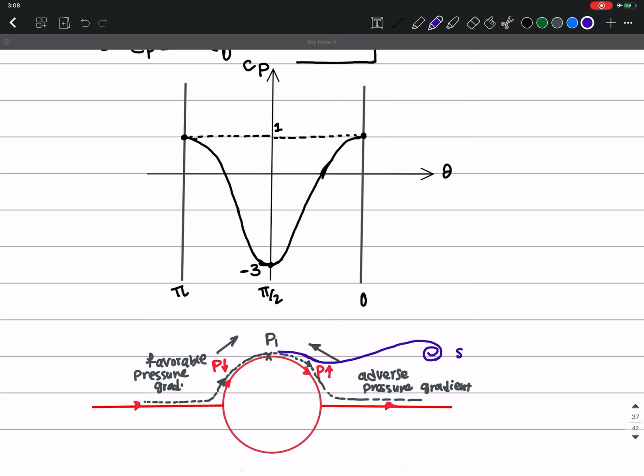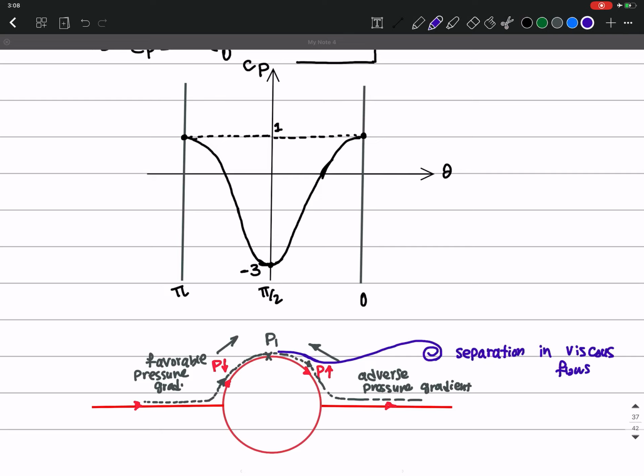So here we have separation in viscous flows. This is for real world flows, where we have viscosity. And I will talk about why that happens.